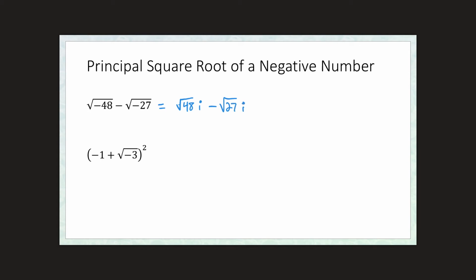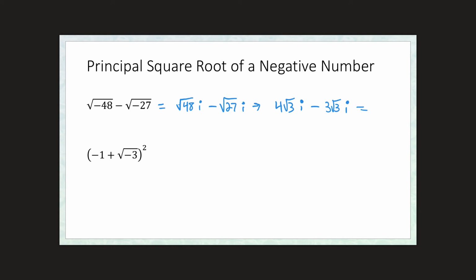And the square root of 48 is 16 times 3. 16 has a square root, it's 4. So I am going to rewrite this as 4 times the square root of 3 times i. And the square root of 27, that's 9 times 3, which is 3 times the square root of 3, and the i exists still outside of it.